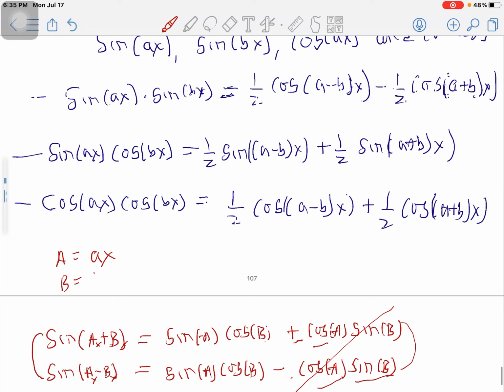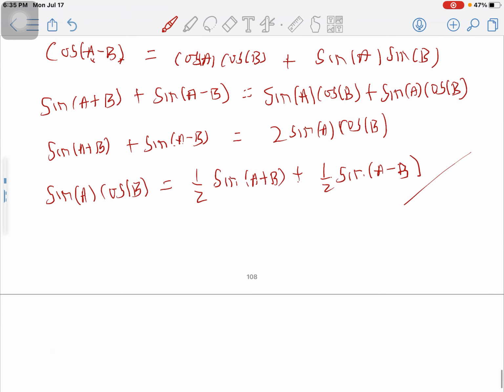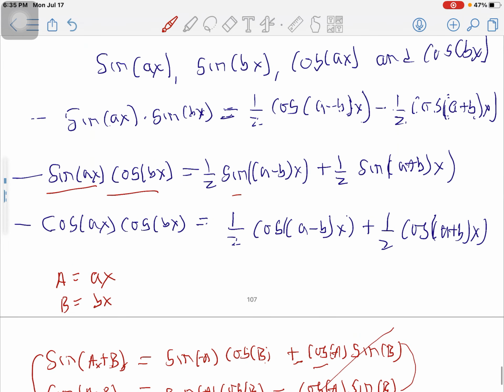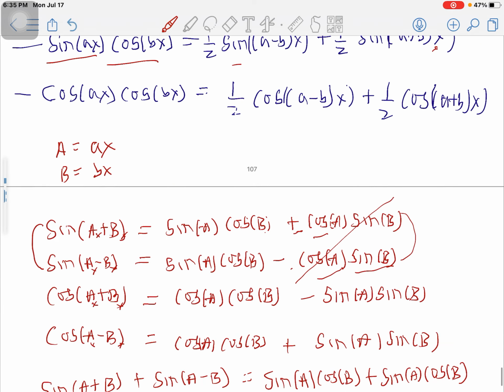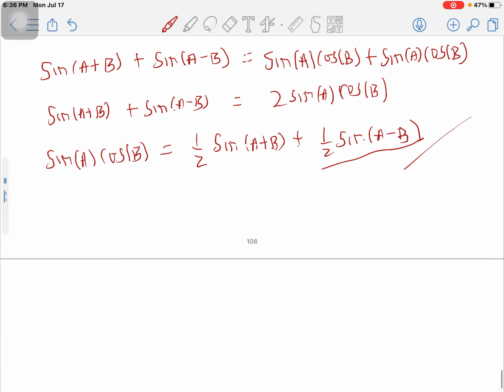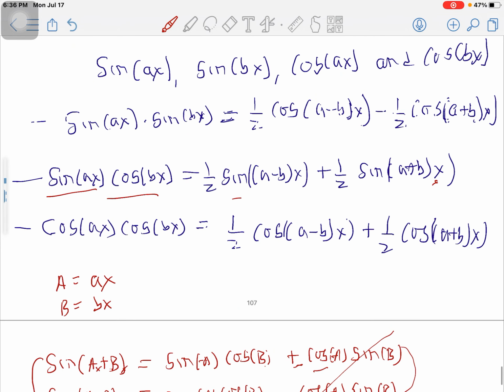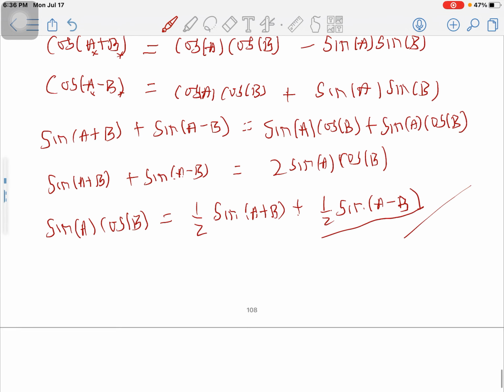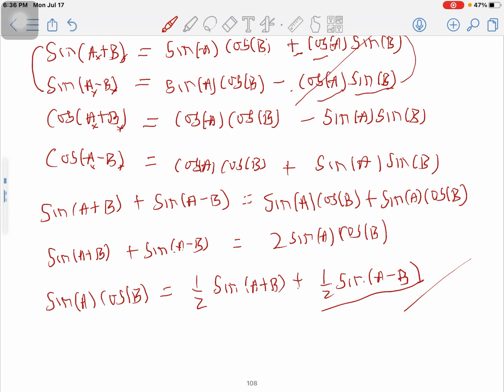So we now say, assuming that a is equal to AX and b equal to BX, we are going to have sine a cos b equal to half sine (a minus b) plus half sine (a plus b). We ignore the x, or you can place it there. You can see how we were able to derive it. So basically the same thing applies to the other one.